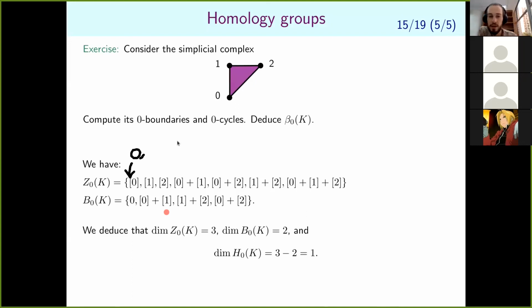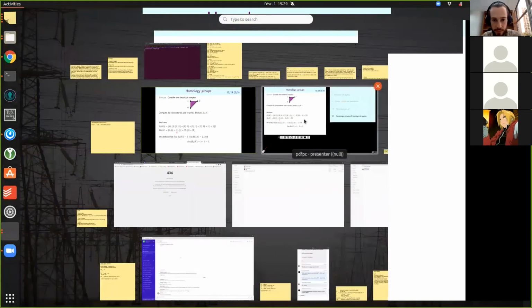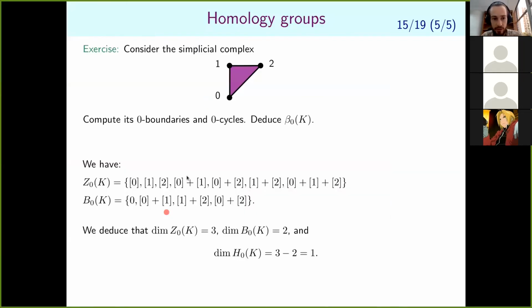And at the end, I can deduce the dimension of the 0th homology group. It has dimension 3 minus 2 equal to 1. And so, by definition, I have beta 0 equals to 1.